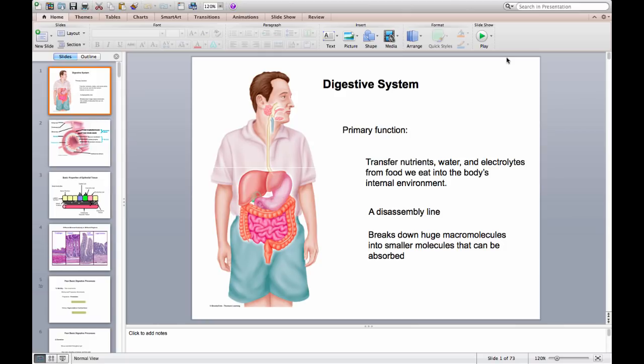So since the GI and the neuro sections were longer than the liver, there are fewer liver questions than the other two. But I think there's probably about the same number of GI and neuro. Does that make sense? Yeah.